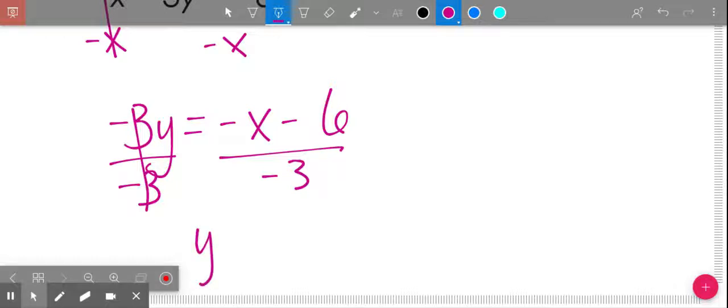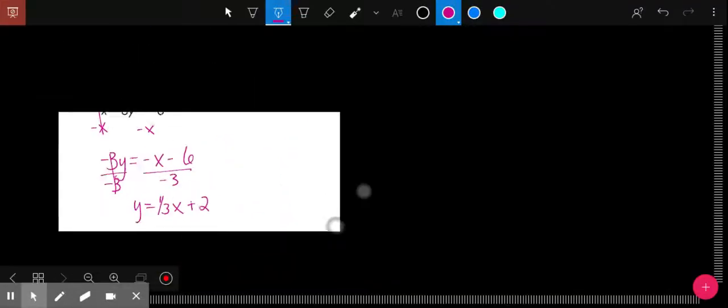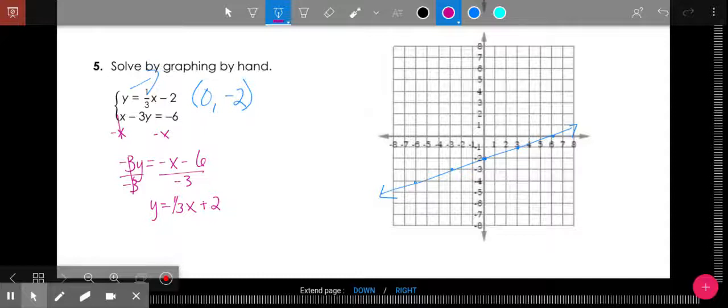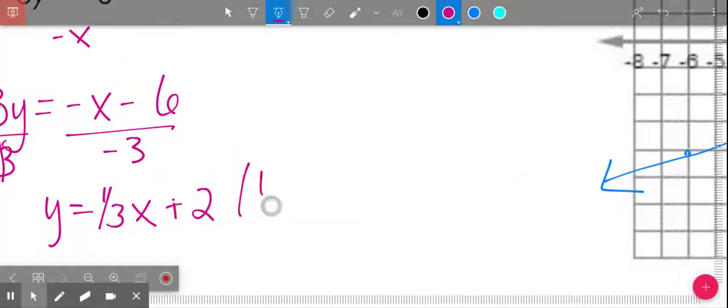And I'll have y is equal to negative x divided by negative 3. The negatives cancel out, and I'll have 1/3 x. Negative 6 divided by negative 3. Negatives cancel out again, so I'll have plus 2. So my y-intercept is a positive 2. So I'll be at the point 0, 2.